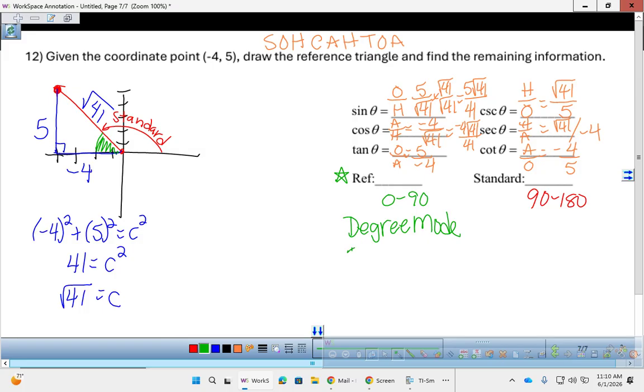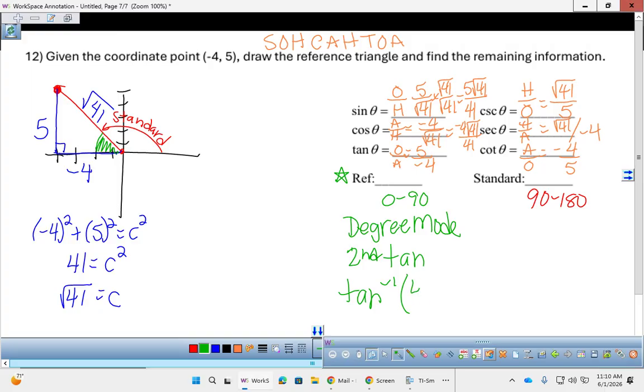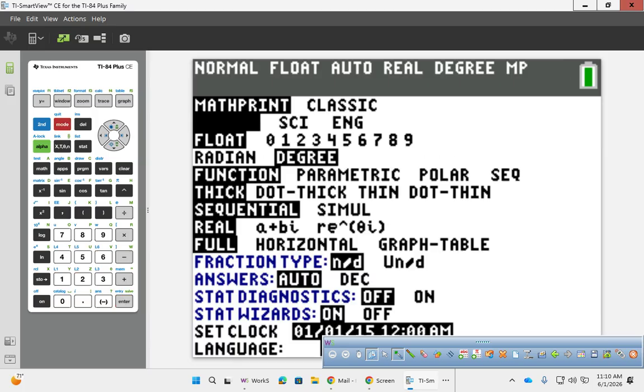And I'm going to do a second tangent. And what happens when you hit second tangent is you get tangent inverse. When you do the tangent inverse, you are going to do 5/4. If you include the negative symbol, you are not going to get an angle between 0 and 90. I'll show you. So first things first, let's make sure we are in degree mode.